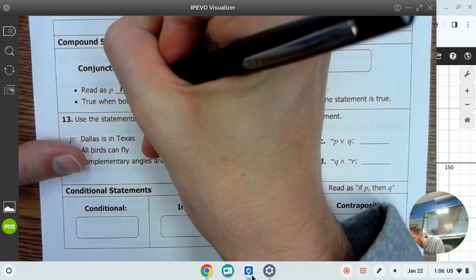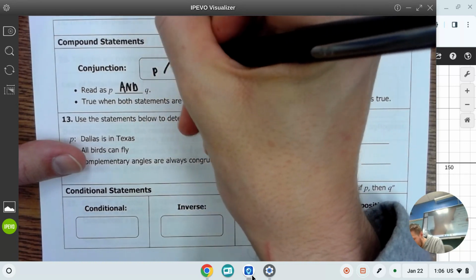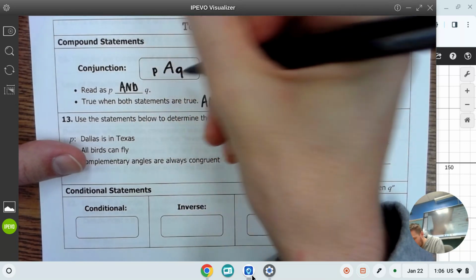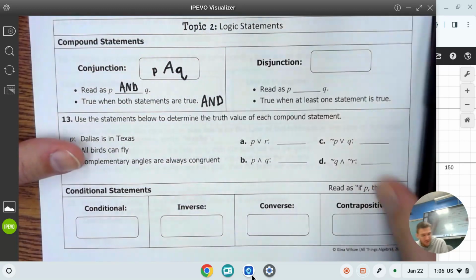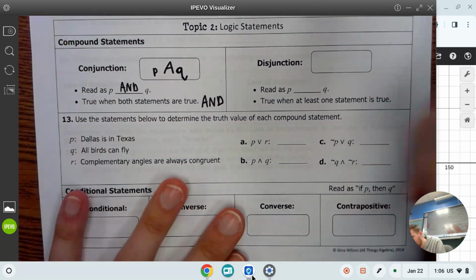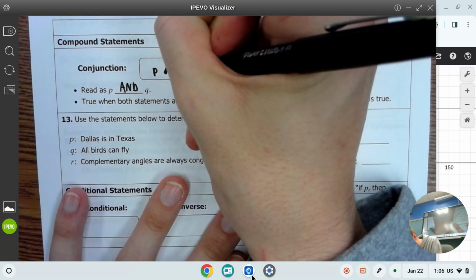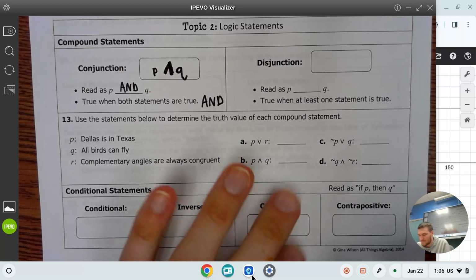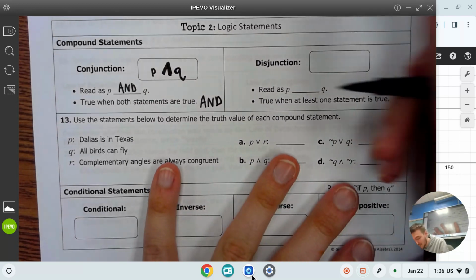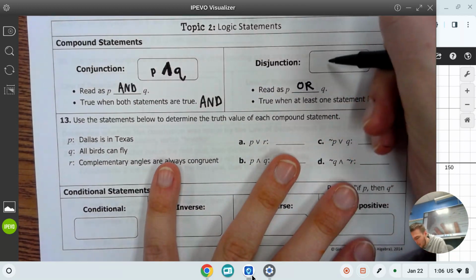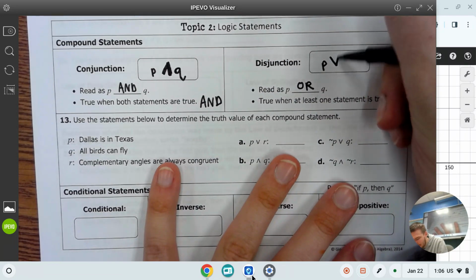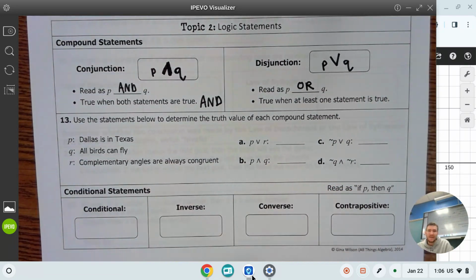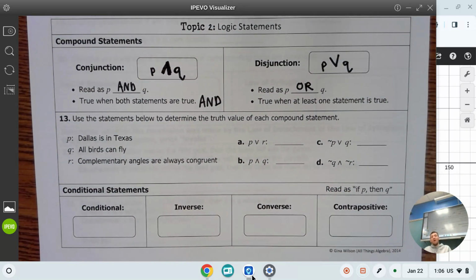So P and Q, which is this symbol with no A in the middle there. It's supposed to actually look more like that. Then we have disjunction. Obviously, that's going to be the other one, which has the big V in the middle of them. That's true if just one of them is true.